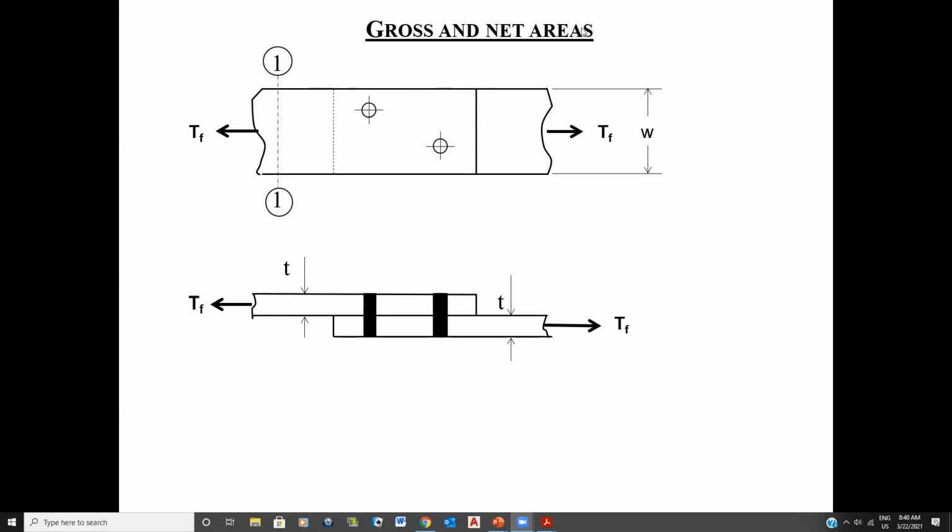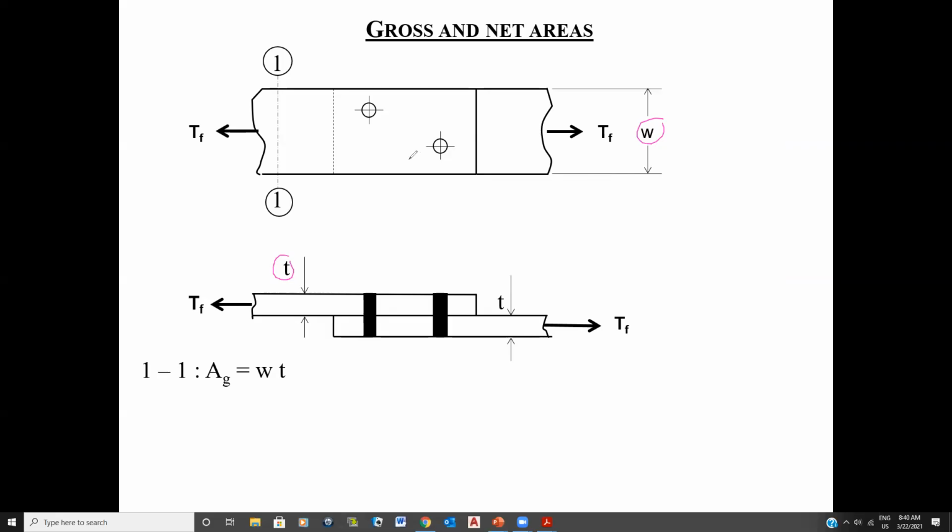If I look at this diagram at 1, 1, AG is considered the gross cross-sectional area, and what would that be equal to? Of course, it would be equal to T times W. Is everybody clear on that?